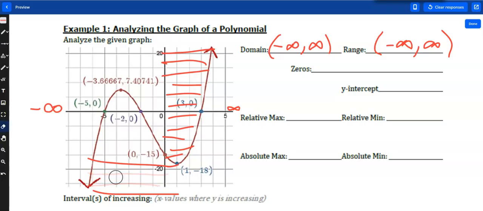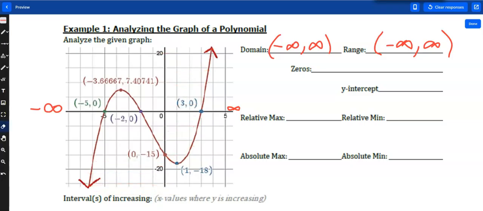Now, the zeros of the function, it looks like we've got negative 5, negative 2, and positive 3.